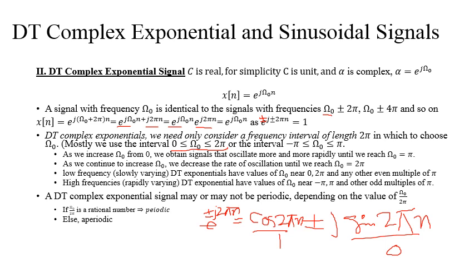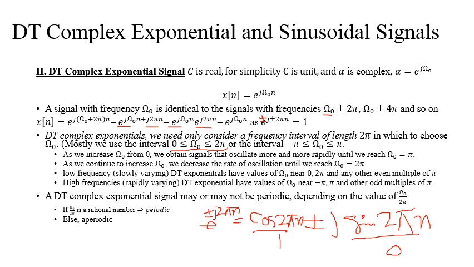So low frequencies, that means slowly varying exponentials, have values near 0 or 2 pi, and any other even multiple of pi, right? So those are the low frequencies, whether it's 2 pi, 4 pi, minus 2 pi, and so on.